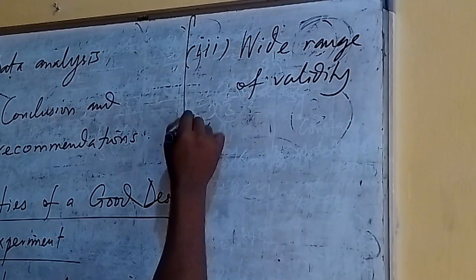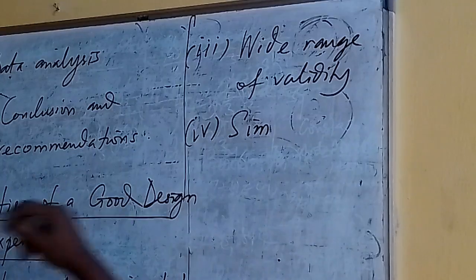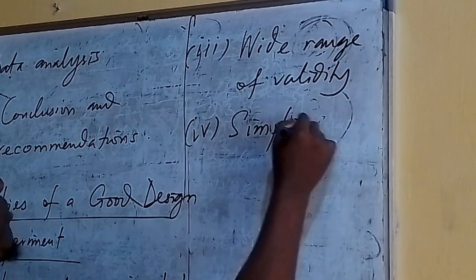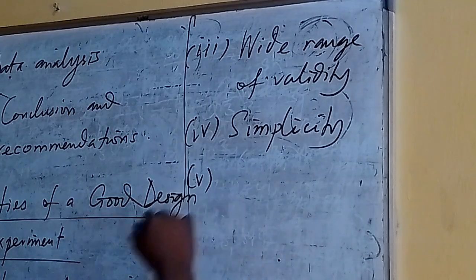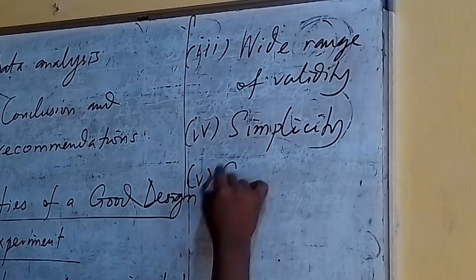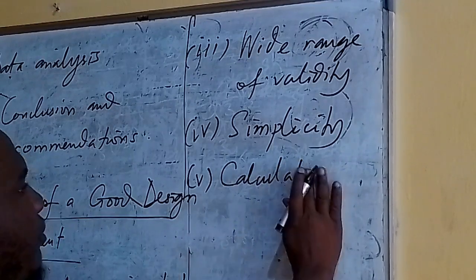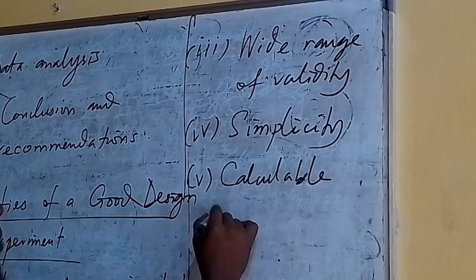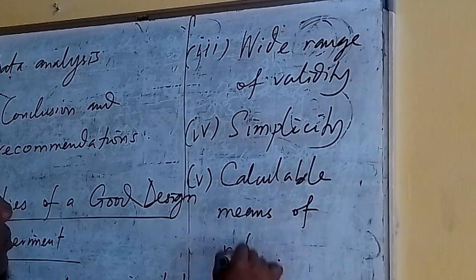Number 4, the design of experiment, if it is good, must be simple. So another property is the property of simplicity. And number 5, if the design is good, it must have calculable means of reliability.